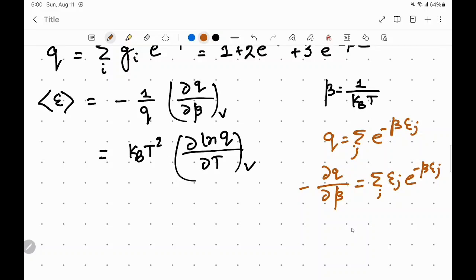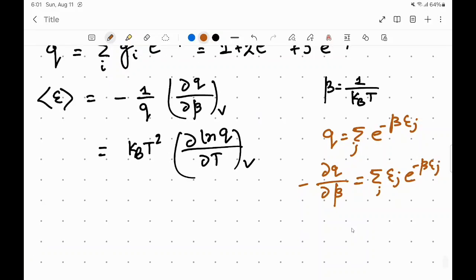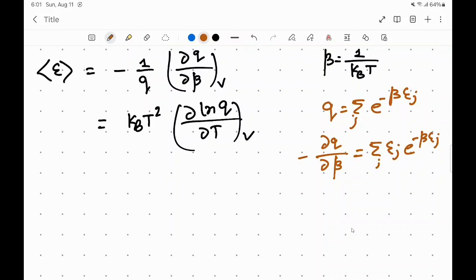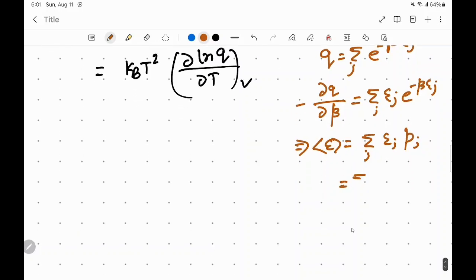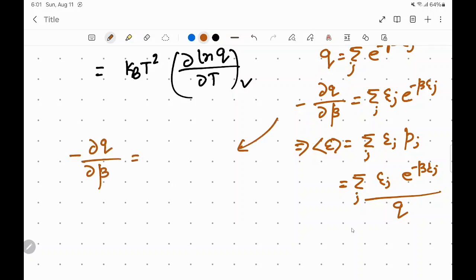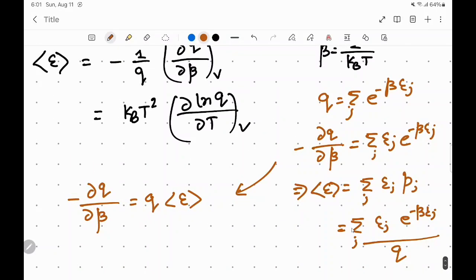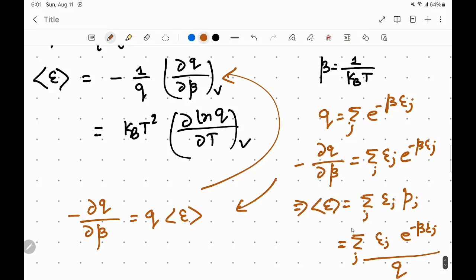We know this is actually p_j, and p_j is e to the power minus beta epsilon_j divided by Q. So from here you can write del Q del beta equals Q times this.